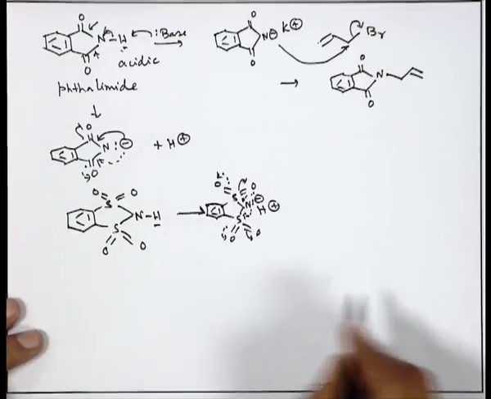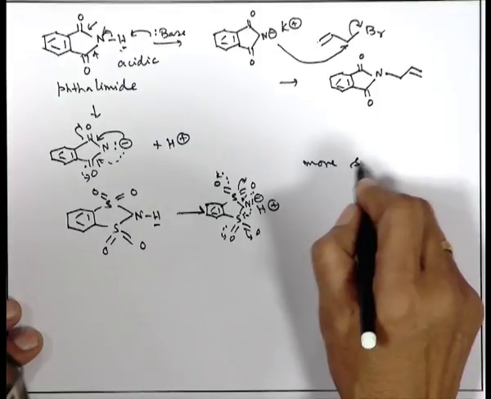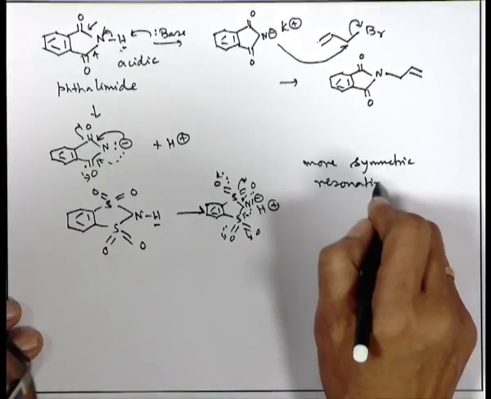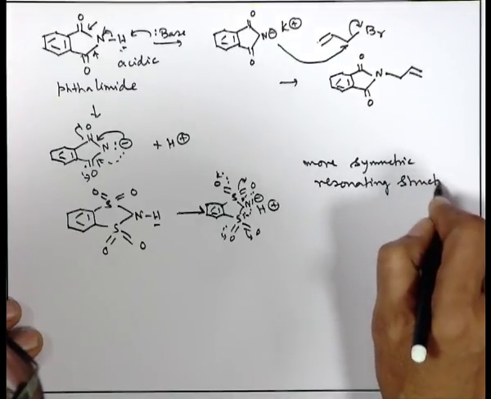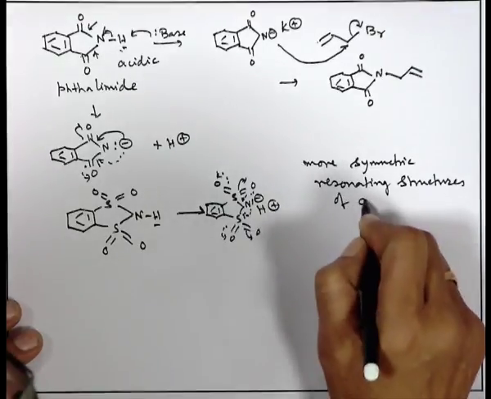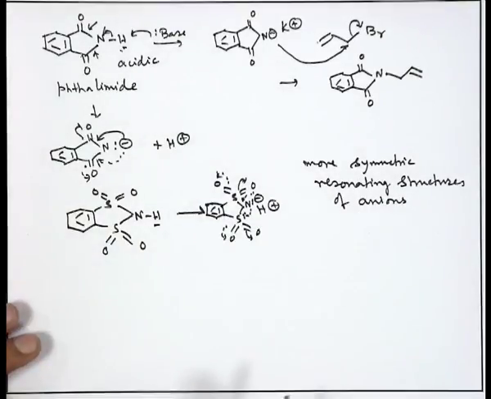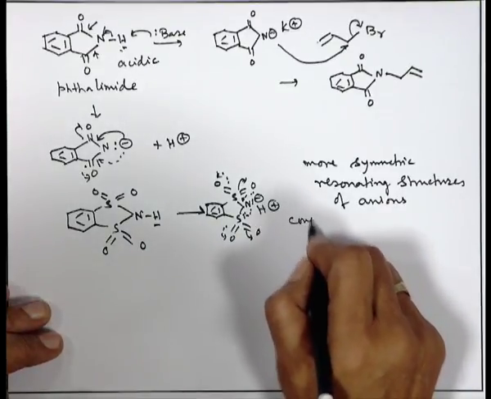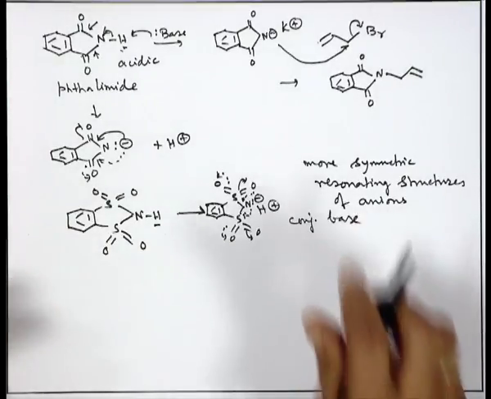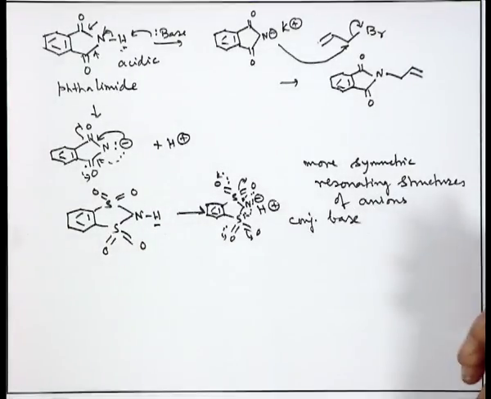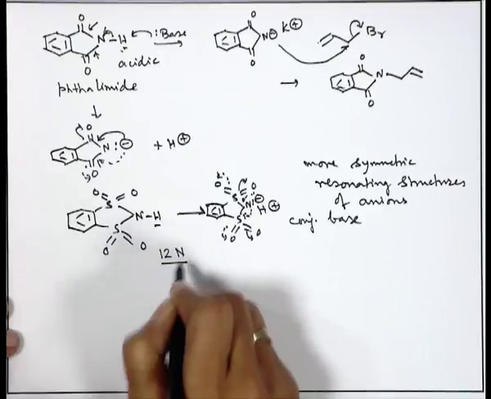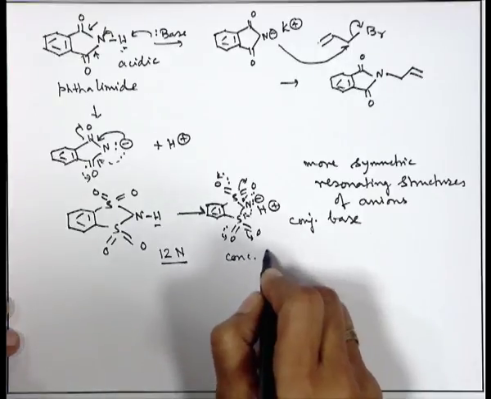More the symmetry, more the stability, more symmetric resonating structures of anions. How is this anion being produced? By the loss of the proton, that is the conjugate base. If a conjugate base is very stable, obviously the loss of proton will be facile, and it will be unbelievable. This compound is found to have an acid strength of 12 normal, like concentrated hydrochloric acid.